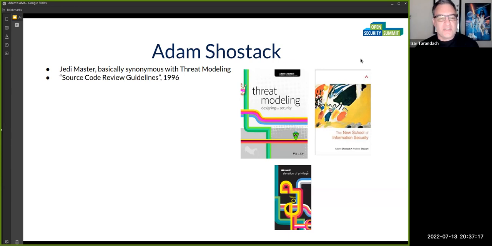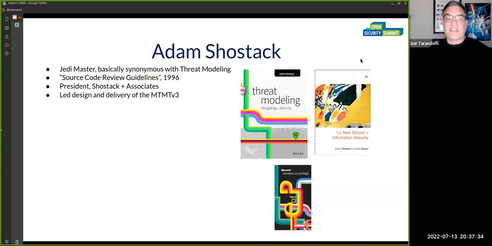He is also the author of the Source Code Review Guidelines, 1996, one of the first guides on how to actually do security review in source code. He is now the president of Shostack and Associates, consulting, training, all good stuff. He led the design and the delivery of the Microsoft Threat Modeling Tool version 3. He's also a game designer, having influenced Ctrl-Alt-Hack and created Elevation of Privilege.